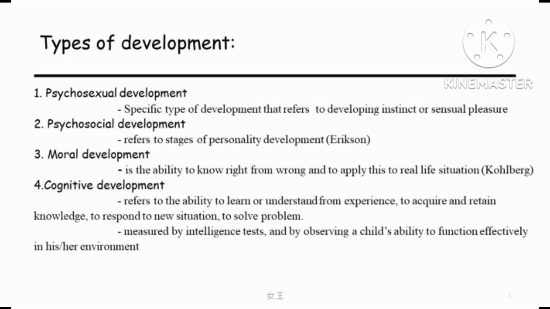The last type of development is the cognitive development. It refers to the ability to learn or understand from experience, to acquire and retain knowledge, to respond to new situations, and to solve problems. It is measured by intelligence tests and by observing a child's ability to function effectively in his or her environment.